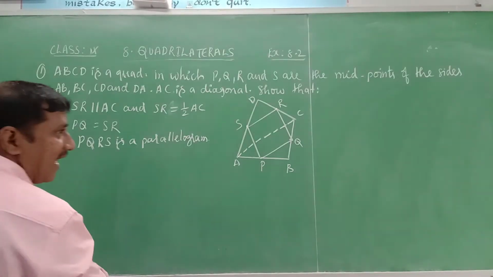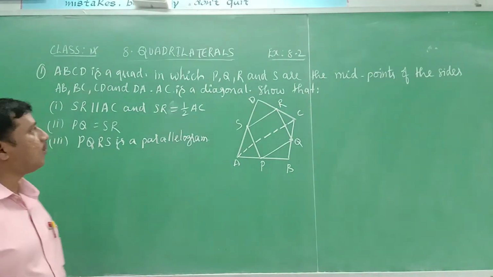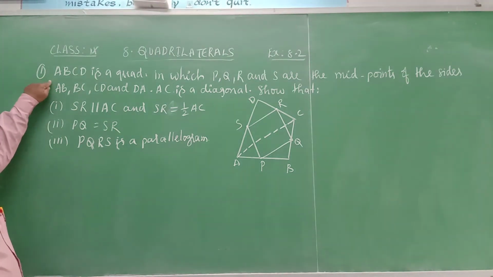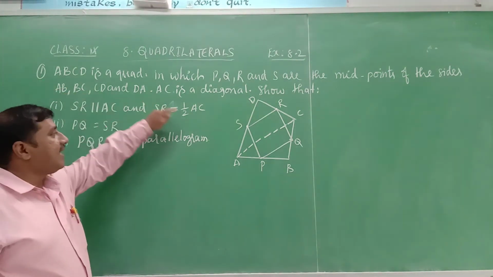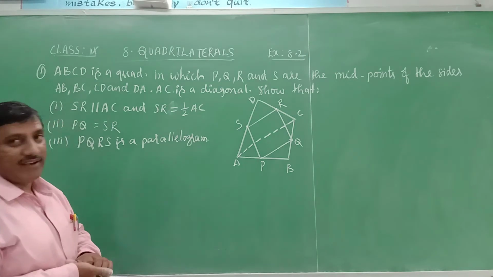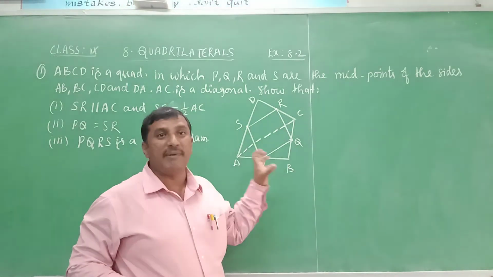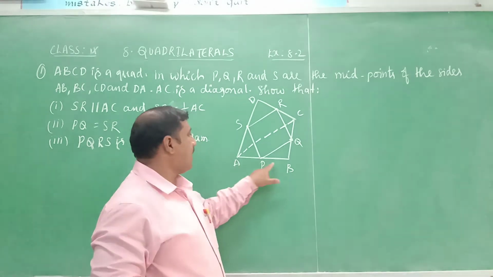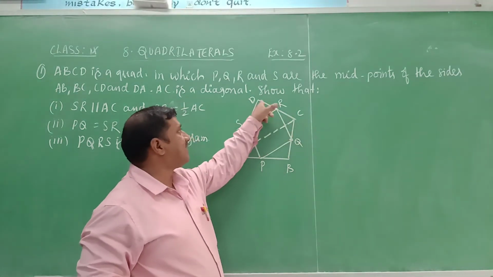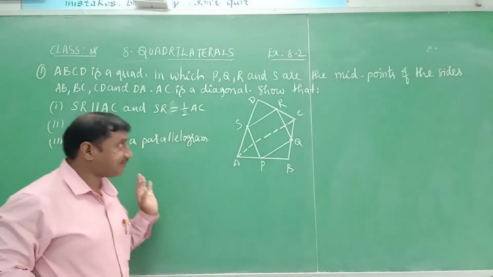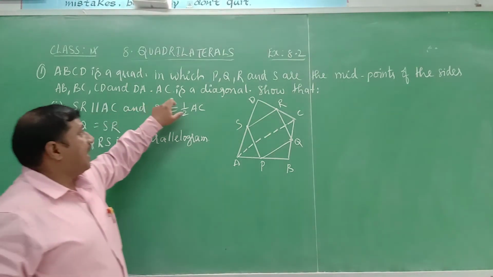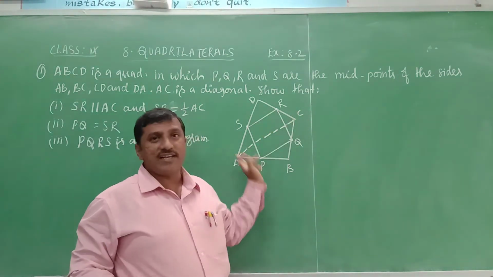Now see exercise number 8.2. The first question. ABCD is a quadrilateral in which P, Q, R, S are the midpoints of the sides AB, BC, CD and DA. And AC is the diagonal of this quadrilateral.